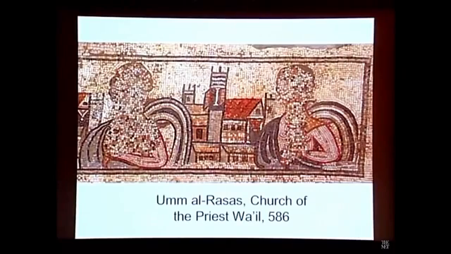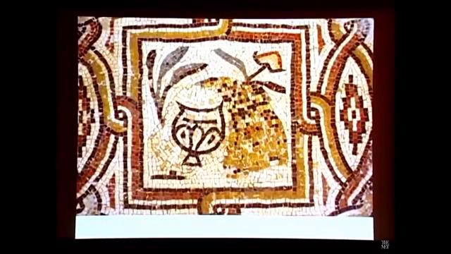You have the cubes taken out, scrambled up, and put back in place. This is a typical example of what goes on in most of the cases of these dozens of mosaic floors in the area. And it's not just people, you have animals as well.